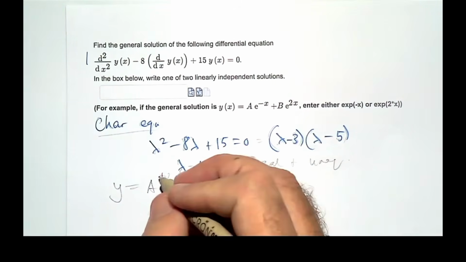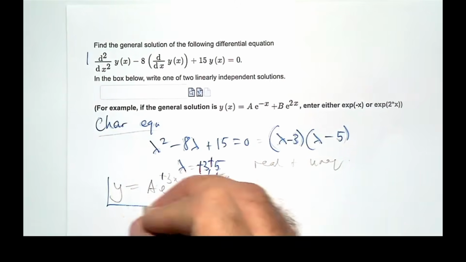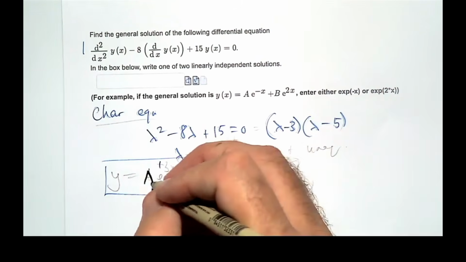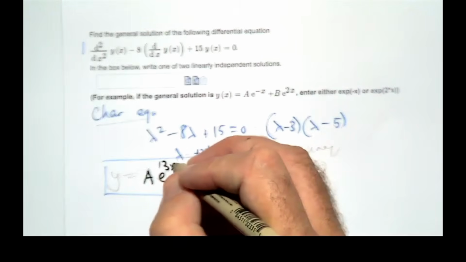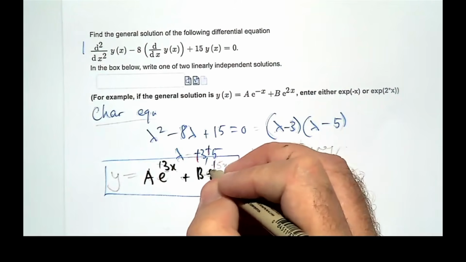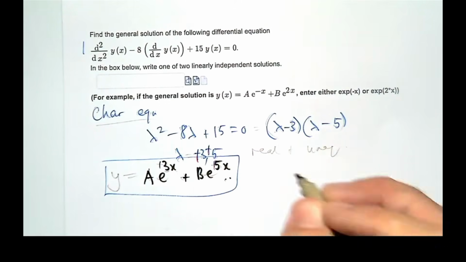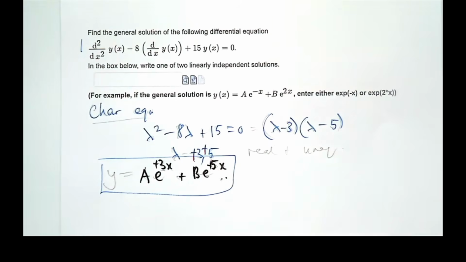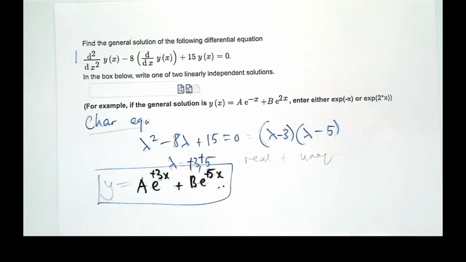Okay, there are two solutions. The roots are not equal, so you want exponentials. Okay. So 3x and 5x, and you only want one part of those. Okay?